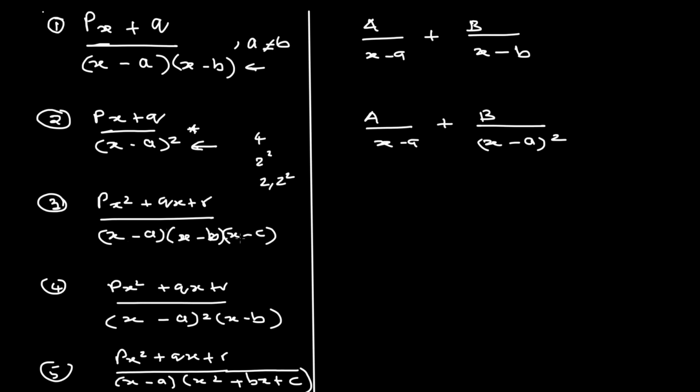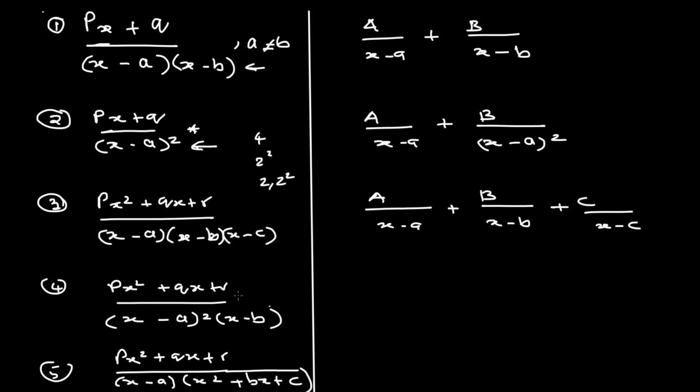These are the 3 factors of this one here. So I'm going to use A over x minus A, plus B over x minus B, then plus C over x minus C. Okay, that will be my partial fraction. So I've completed the three factors here.